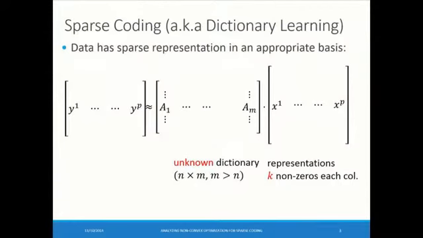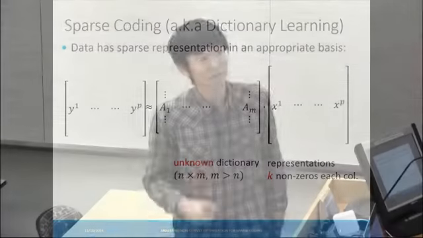Because the dictionary is unknown and the representation is also unknown, this is an unsupervised learning problem. You have no hope of finding A and X if you are given just one Y, right? So we are given multiple IID samples Y from the same distribution, and I'm going to use a superscript to index the samples.